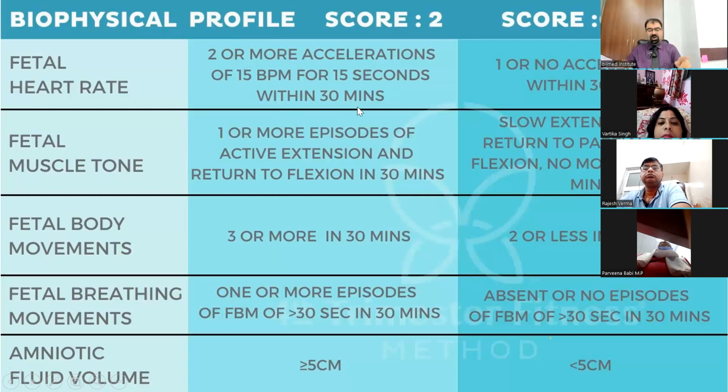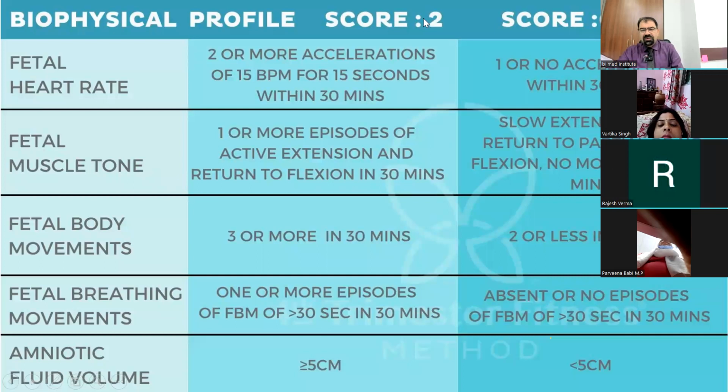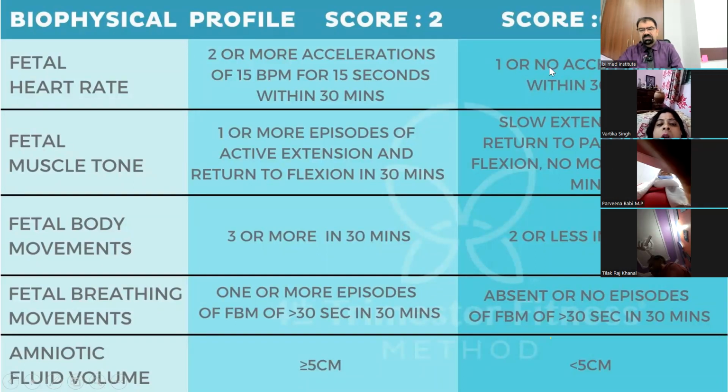Please take a snapshot of this, take a printout and paste it on the wall in front of your machine to see what I have to see. If I am seeing these accelerations, I will give a score of 2. If I am not seeing the accelerations or I am seeing fewer, I will give 0.